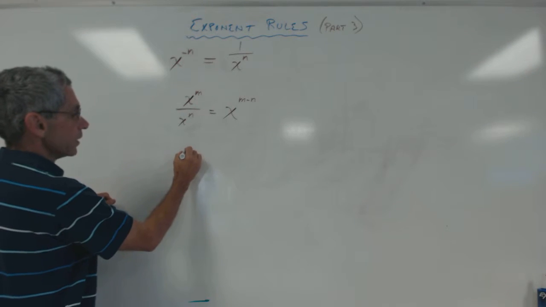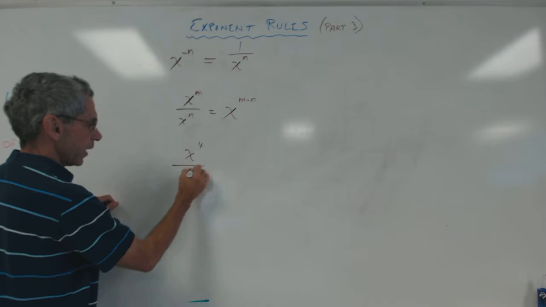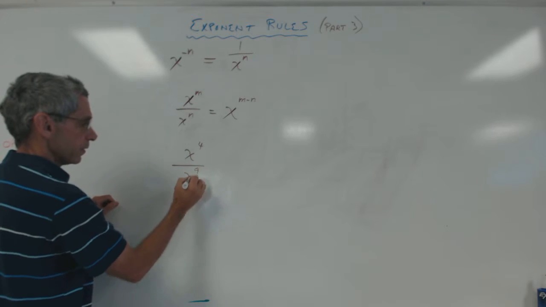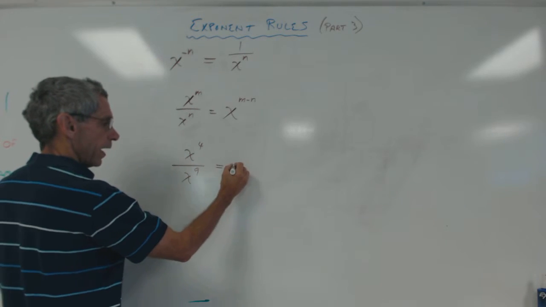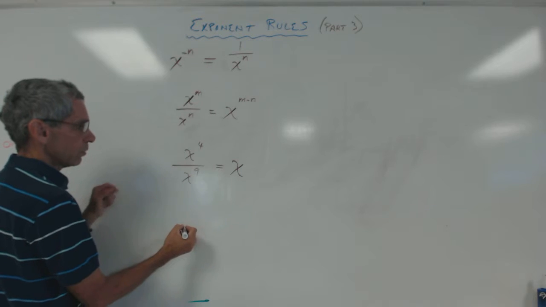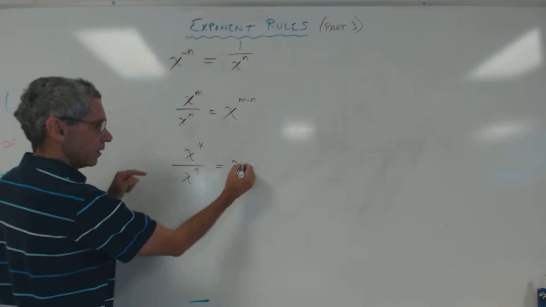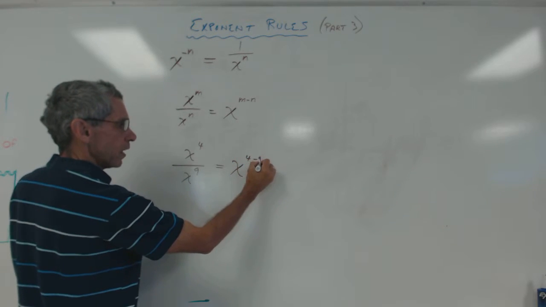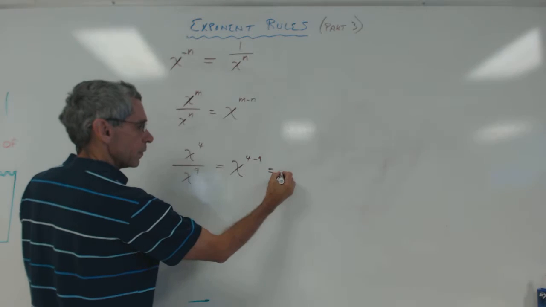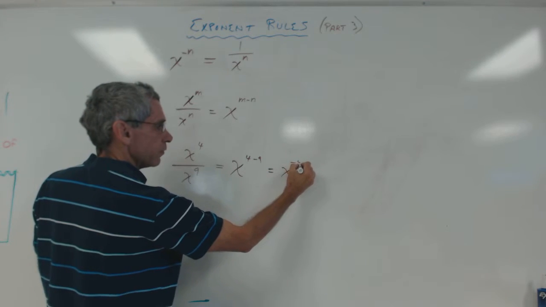So what if I had x to the 4 over x to the 9? Would that be x to the 4 minus 9, which is negative 5? X to the negative 5.